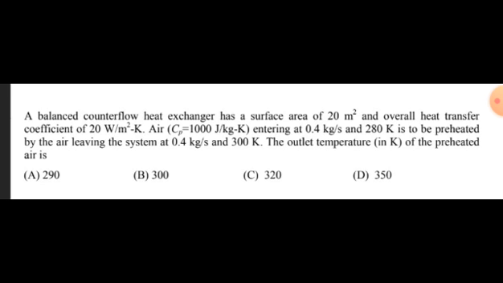Then air of specific heat 1000 joules per kg Kelvin entering at 0.4 kg per second mass flow rate and 280 Kelvin is to be preheated by the air leaving the system at 0.4 kg per second and 300 Kelvin. We have to find the outlet temperature of the preheated air.